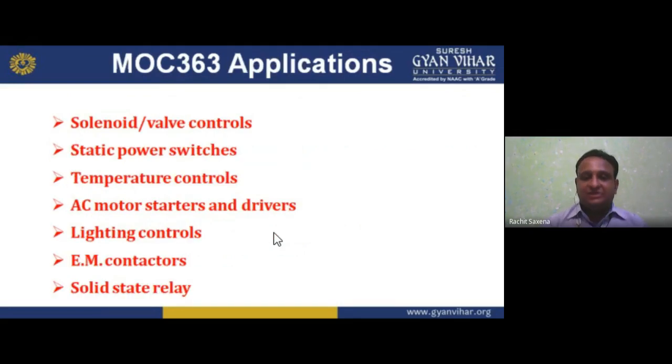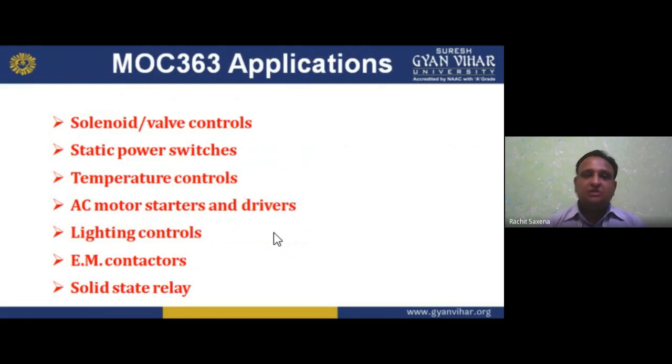Now applications. Where can we use the MOC 3063? Its applications are similar to the previous ones: solenoid and valve controls, static power switches, temperature control, and AC motor starters and drivers.